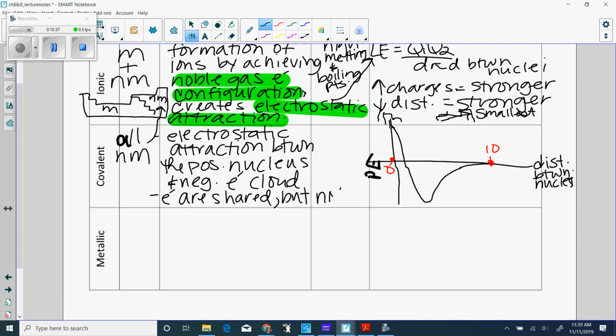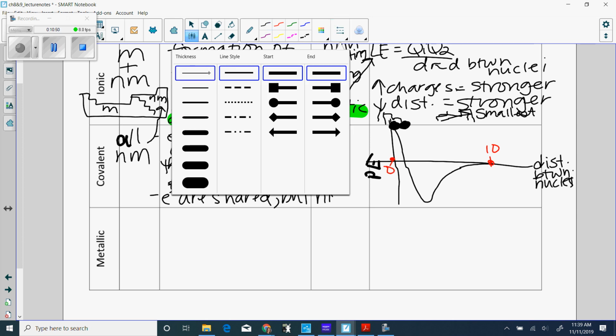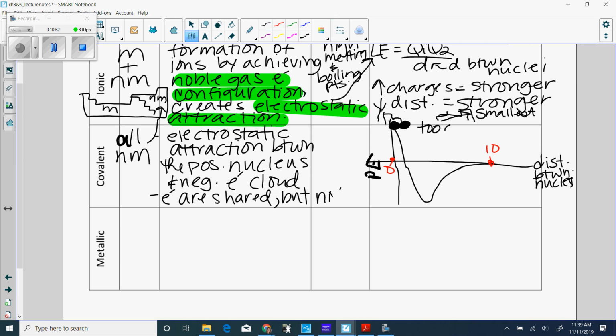If my distance is 0 between nuclei, that means my atoms are right on top of each other. Asymptotes would never actually hit 0. But they are too close. Oh no, too close. They're repelling each other. The electron clouds are going to be pushing back. They would never get that close.